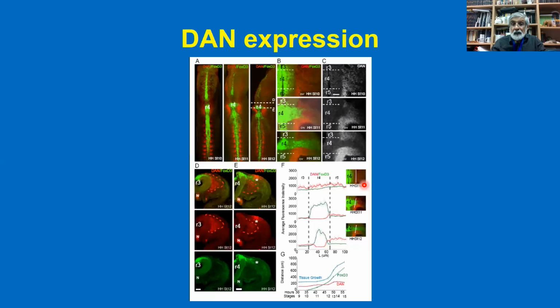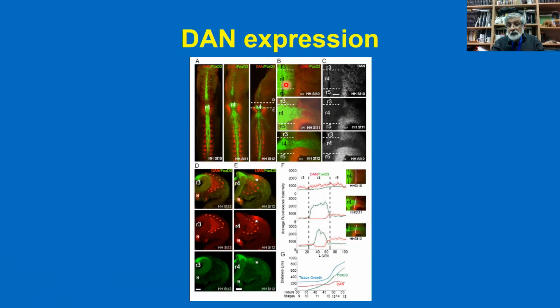So what Paul and his colleagues did, they looked, and here's the neural tube. They found expressed right next to the neural tube is something called DAN. And DAN is a protein that reduces cell speed.